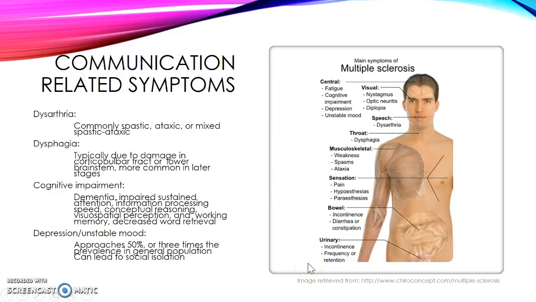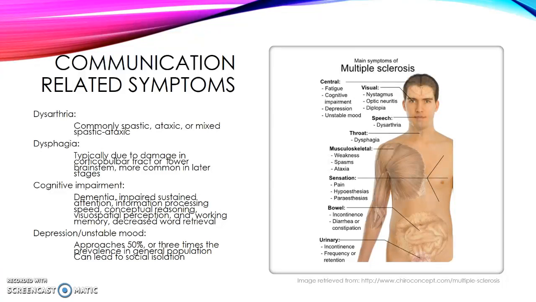Communication-related symptoms include dysarthria, most typically spastic, ataxic, or mixed spastic ataxic, and dysphagia, which can be due to damage in the corticobulbar tract or lower brainstem. That's more common in later stages, but it can occur at any point in the progression of the disease.